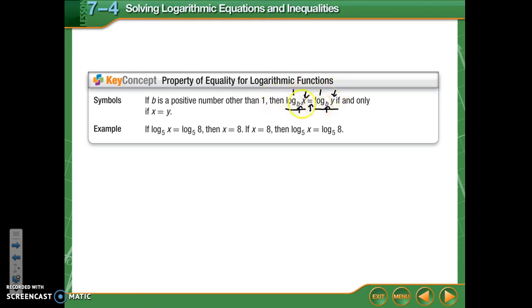So one logarithm on each side, same base, they can only be the same if what's inside here is the same as inside here. So if log base 5 of x equals log base 5 of 8, then x has to be 8. Right? That's the only way those could be equal, because I have a single logarithm on both sides with a base of 5.